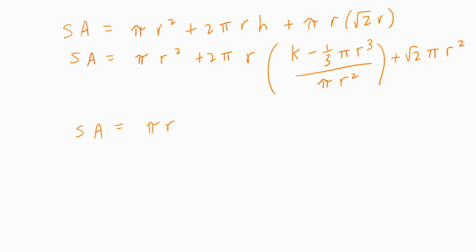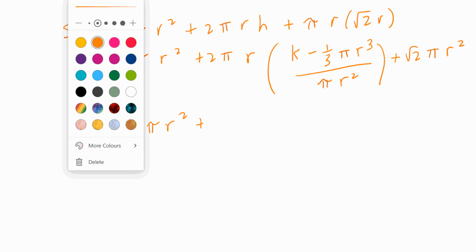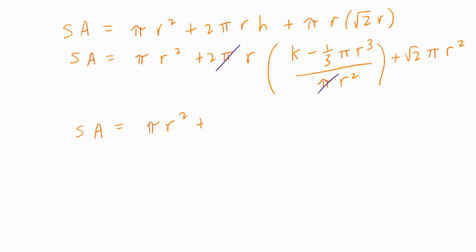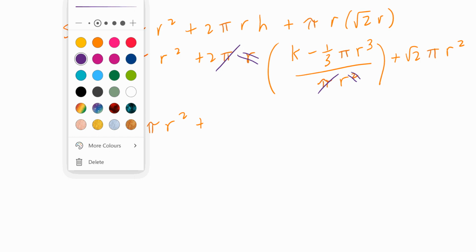Surface area is going to be pi r squared plus, again, what I can do, and I'll use a different color for you, I can cross out 1 pi from the top, 1 pi from the bottom, 1 r from the top, and there's another r at the bottom just like that. And I'm also going to expand this. So if you look at this carefully, there's a 2. I'm only going to expand the 2 to the top. Make sure everybody is in the moment.